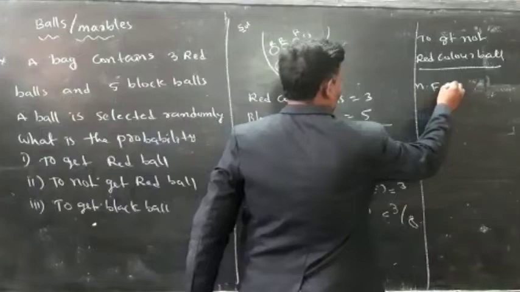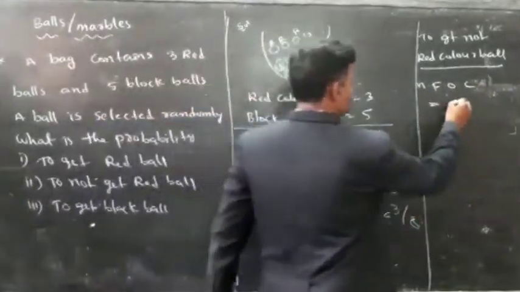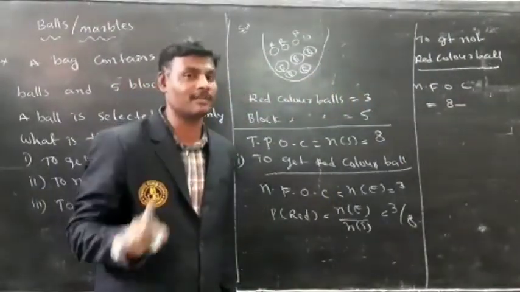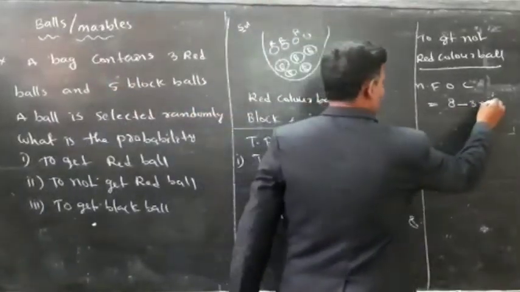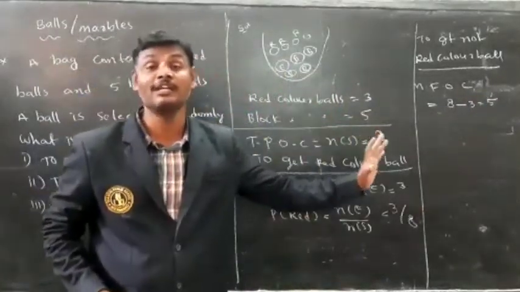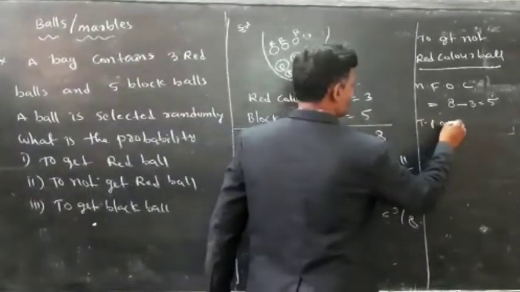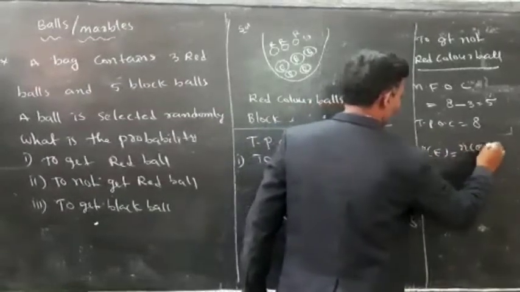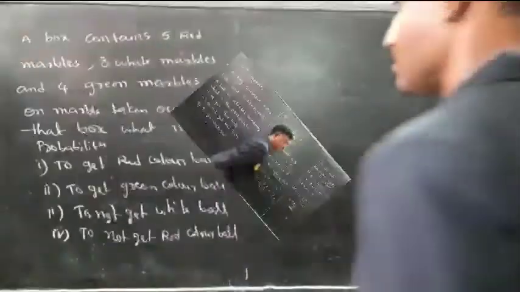So total 8 chances. From that, what is being asked? Not red color ball. It means remove the red color balls. 8 minus 3 is equal to 5. So there are 5 chances to get a not red color ball. Then total possible outcomes is equal to 8. P of E is equal to N of E by N of S. It is 5 by 8.